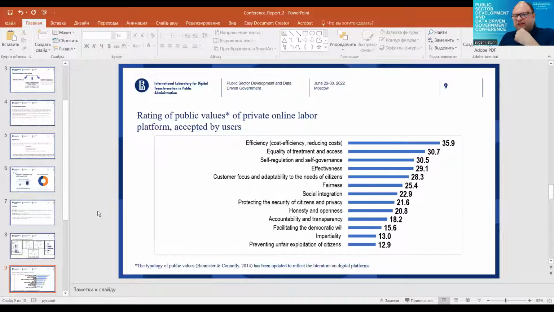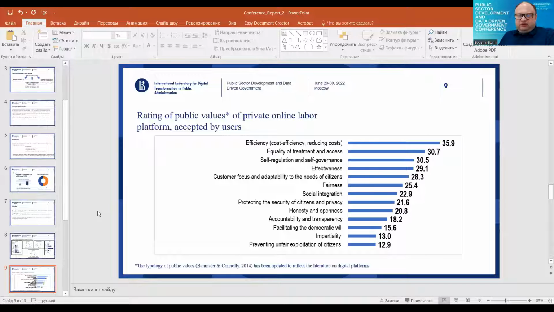We tried to apply this model to the era of digital platforms, and you can see that the typical public values used are efficiency or cost reduction, so you get more using fewer resources. It's the equal and fair way of competition, and so it's treatment and access.